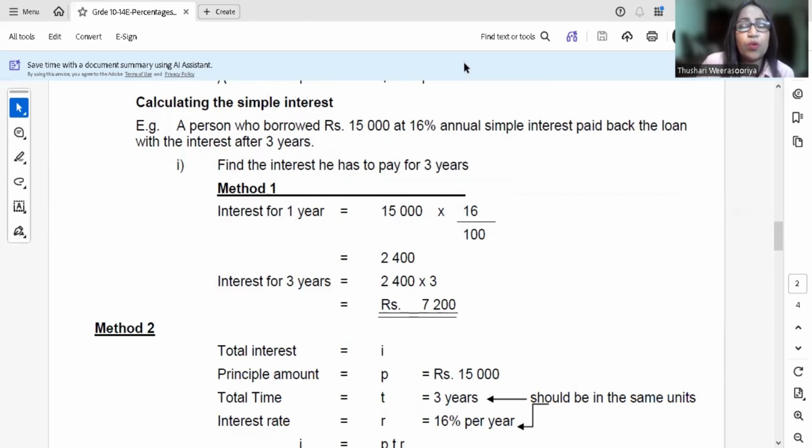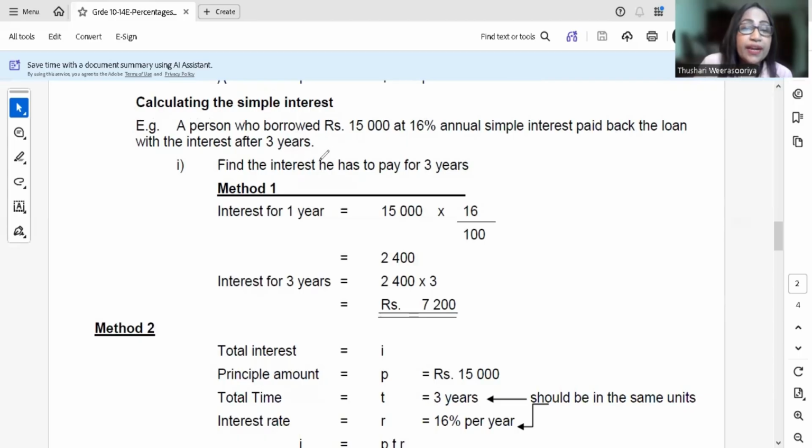So always try to learn easy and quick methods. Then it's easy in the exam. Now we'll go to the first type, calculating simple interest. A person who borrowed 15,000 at 16% annual simple interest rate paid back the loan with the interest after 3 years.